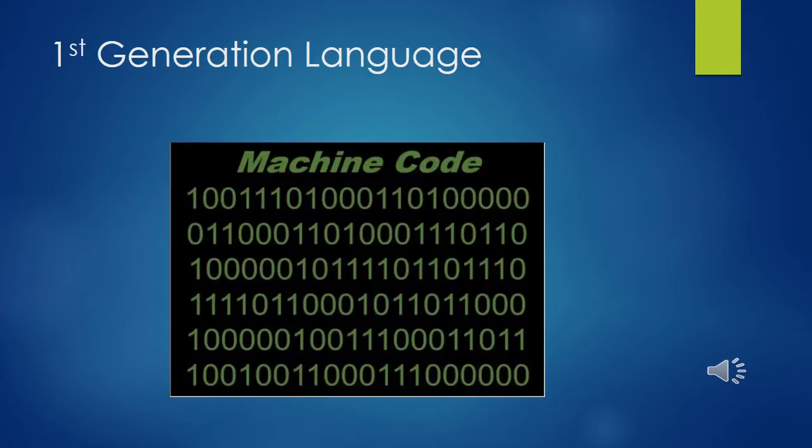Firstly, we have first generation languages, which are basically low level languages that are machine language. What does low level language mean? It is a programming language that provides little or no abstraction of programming concepts and is very close to writing actual machine instructions.